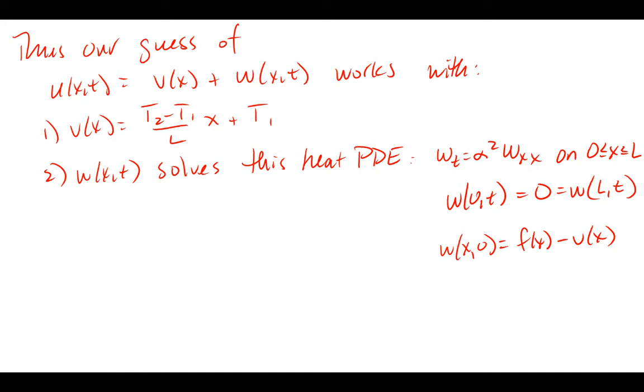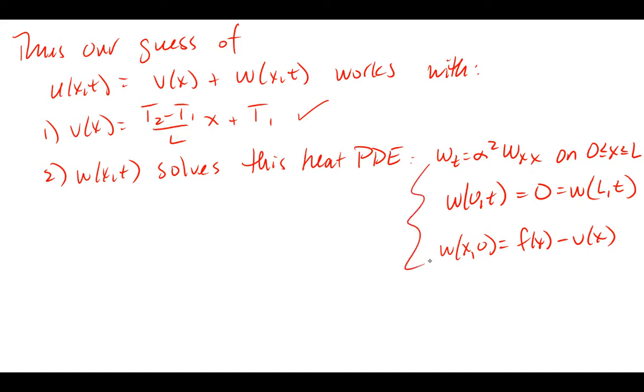Okay, so in order to solve this new problem, this uneven temperature on both sides problem, I have to do algebra 1 or algebra 2 in order to get the equation of that line. And I do have to solve a PDE, right? But this is one we already know how to solve.